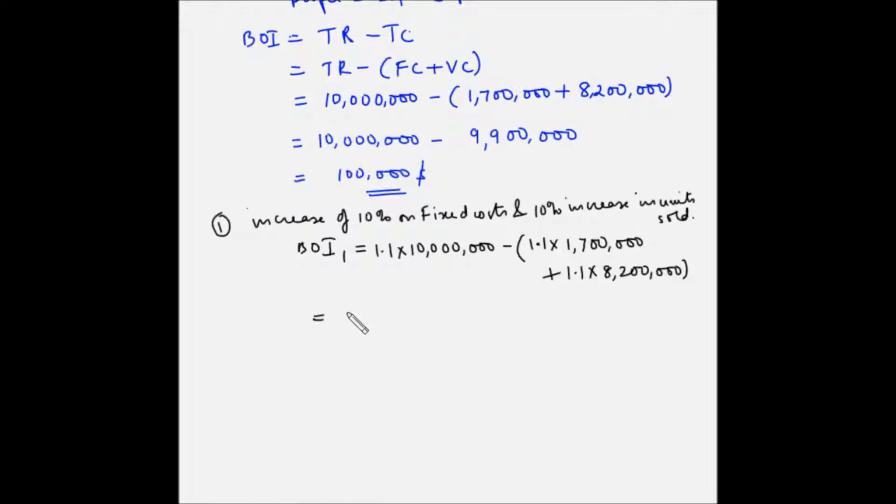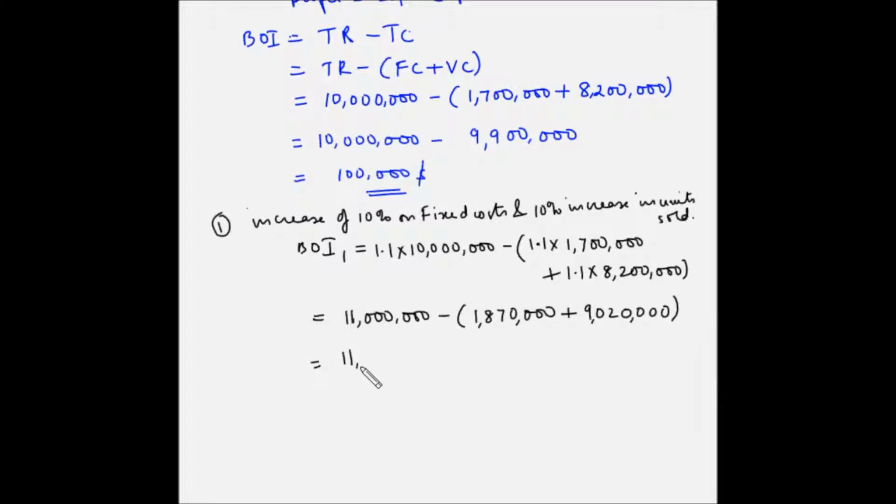So this is equal to 11 million minus 1,870,000 plus 902,000.